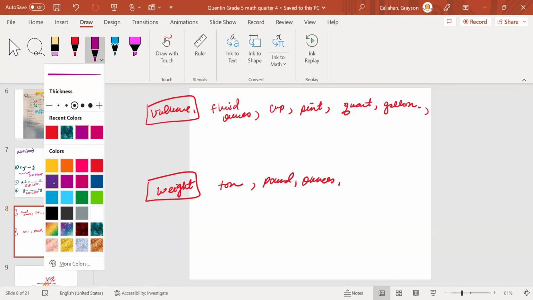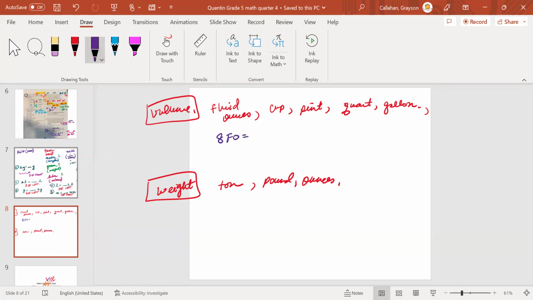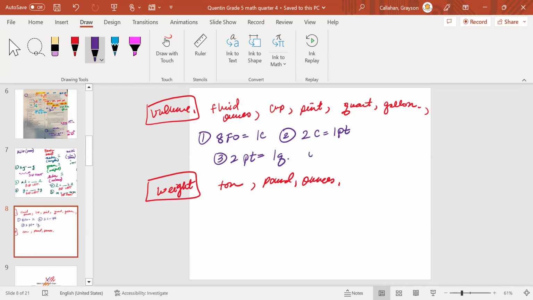The conversions, you ready? 8 fluid ounces equals what? 1 cup. That's the first one, right? Second one was 2 cups equals what? Third one, 2 pints equals, good. 4 quarts equals 1 gallon, right?